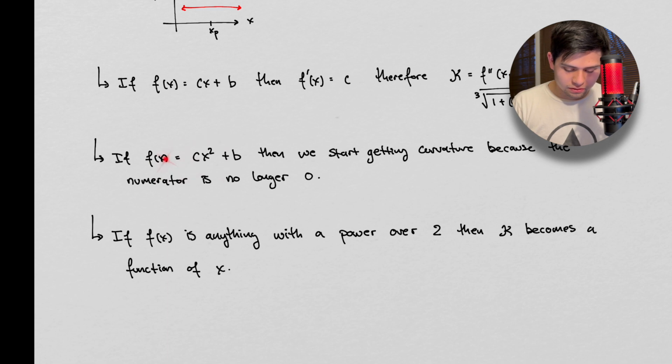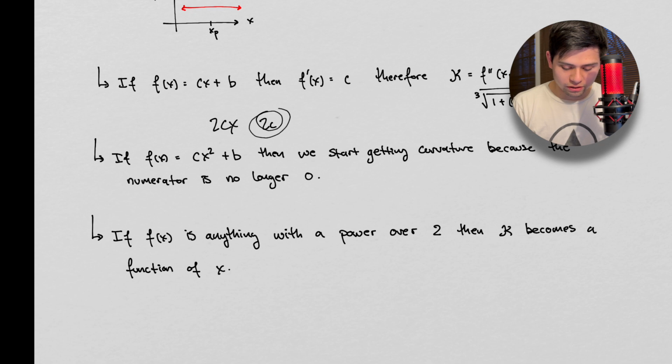If this has a power of 2 in it, or a polynomial with degree 2, then we start getting curvature because the numerator is no longer going to be 0. Right, so this numerator here, when we take the double derivative of that, the derivative of that is going to be 2cx, and then the double derivative is going to be 2c.